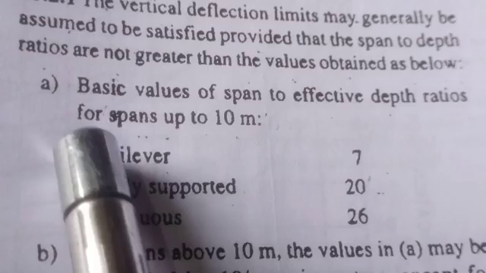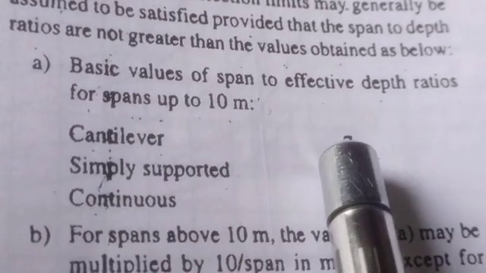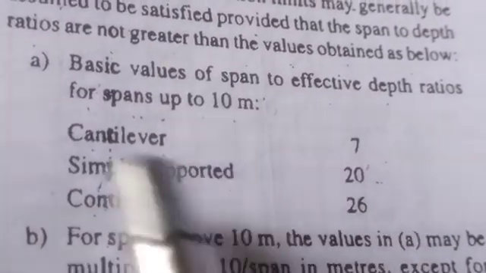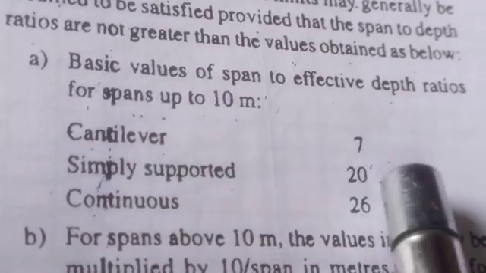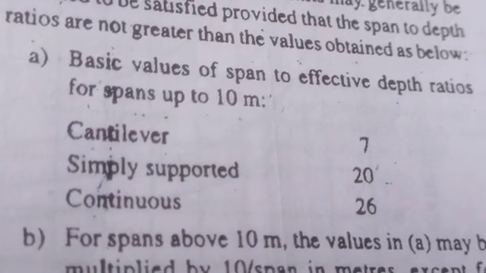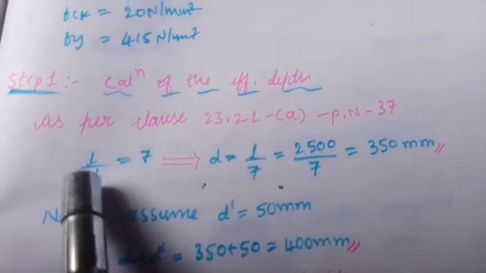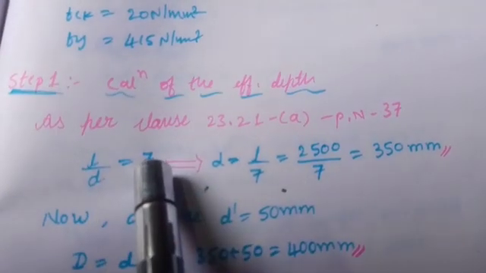So now we are designing the cantilever beam, and our L by D ratio should not be greater than 7. So I have taken the L by D ratio as 7.